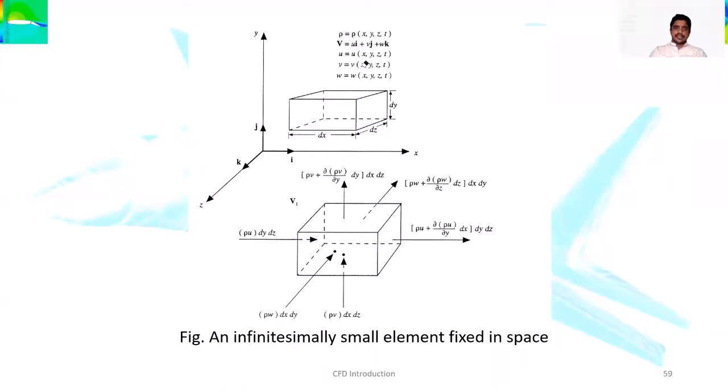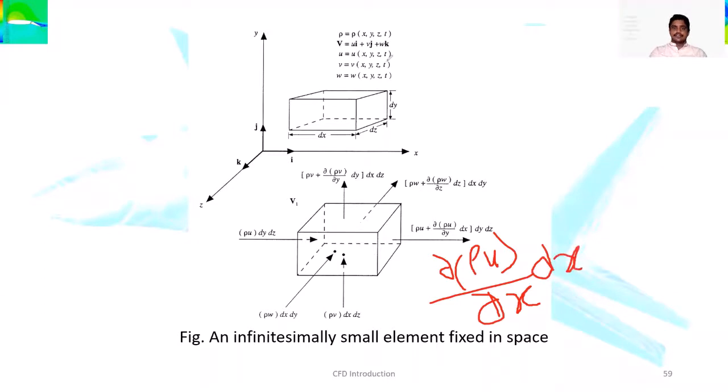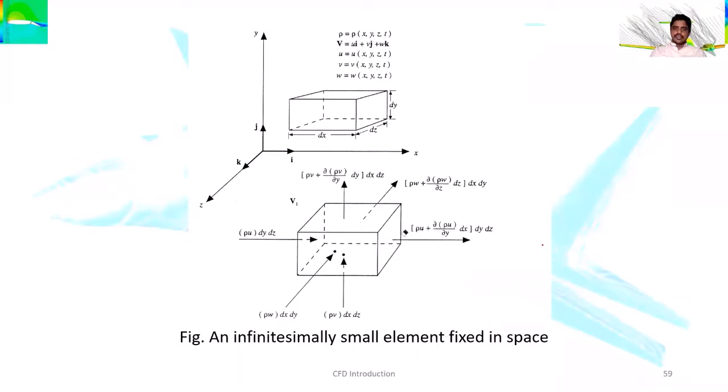I'm sorry for that. So whichever slide has this is wrong. It should be dou of rho u by dou x, into dx.